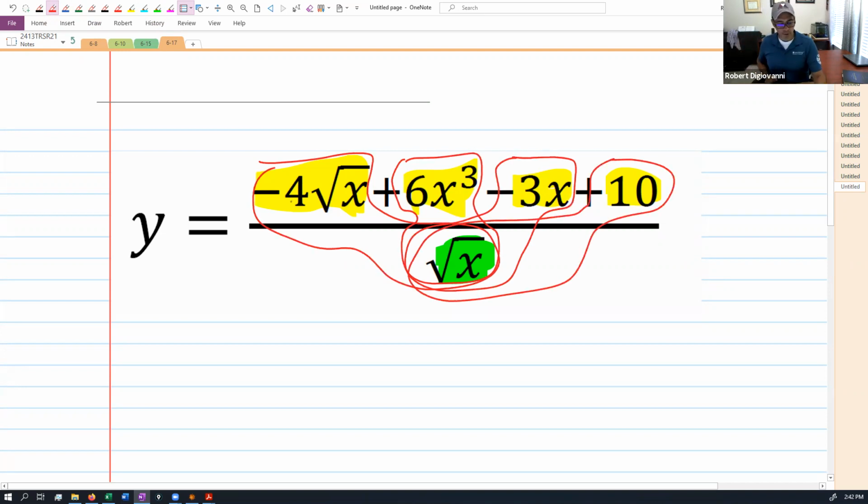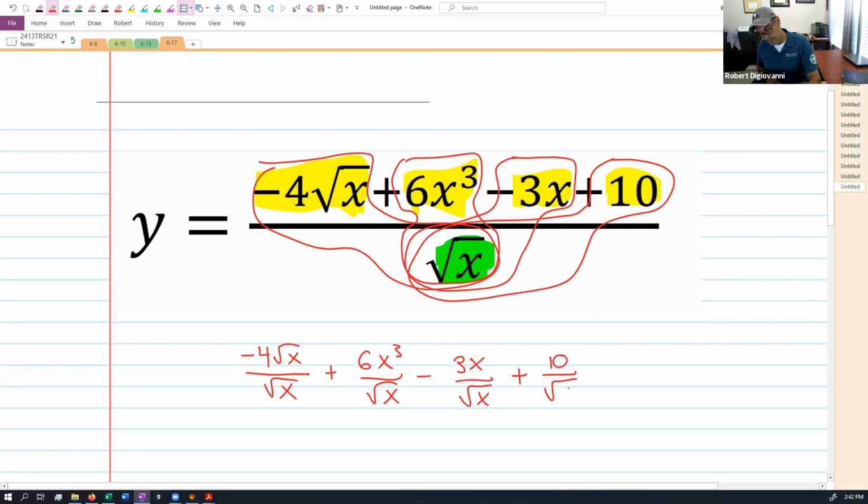So for example, on the first one, if you take the -4 root x and divide it by the root x, well, let me just write them all down. This is what it turns into.